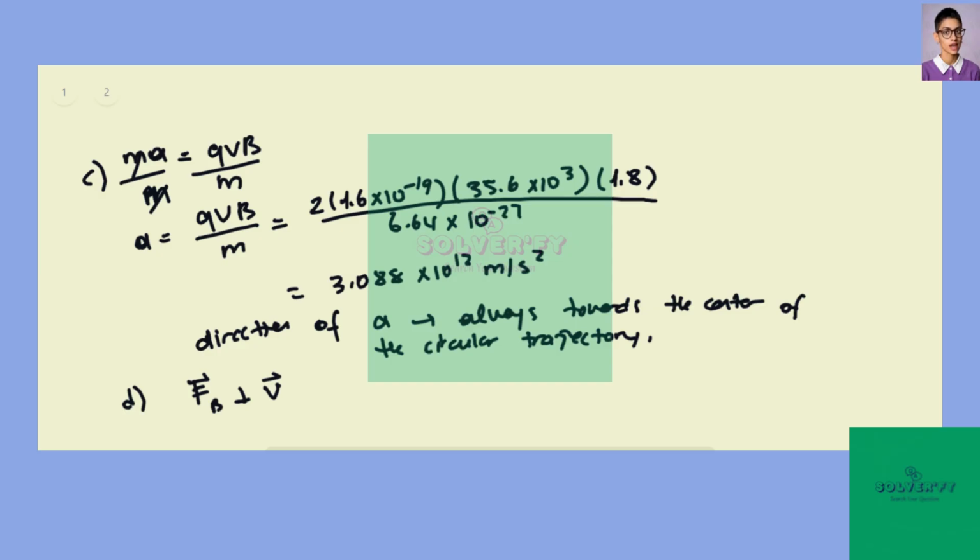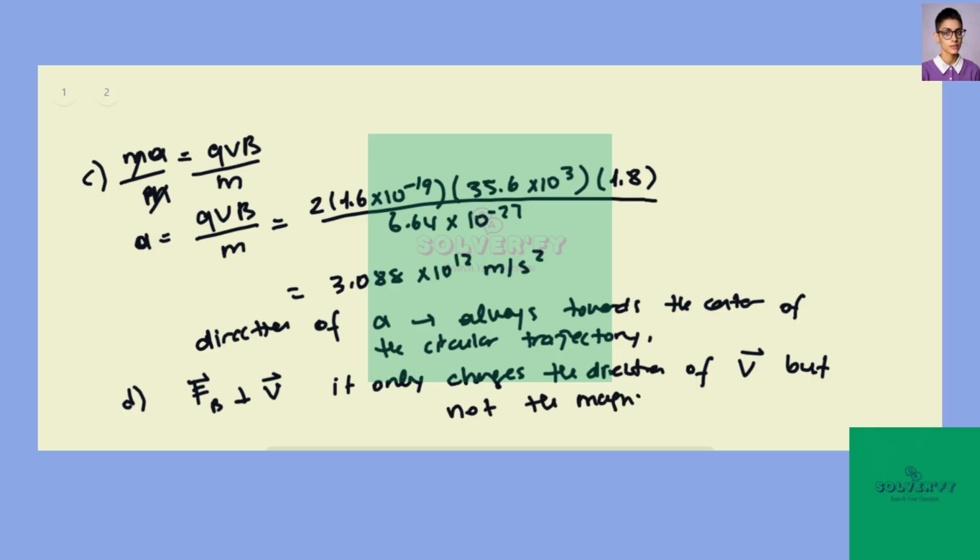As we all know by now, combined with the answer to part B, it only changes the direction of the velocity vector, but not the magnitude. Again, the speed is constant throughout this motion.